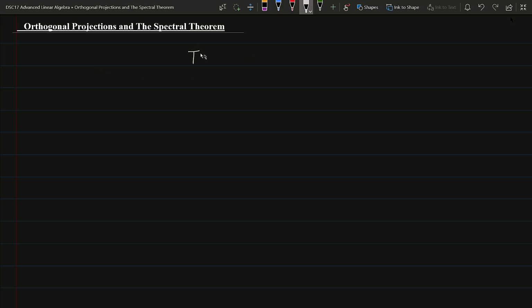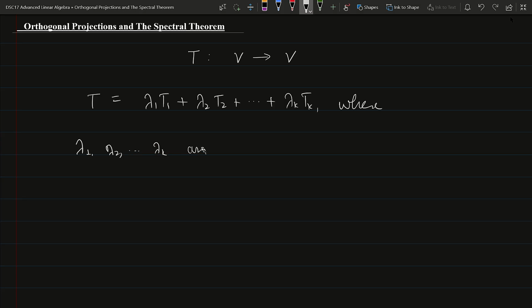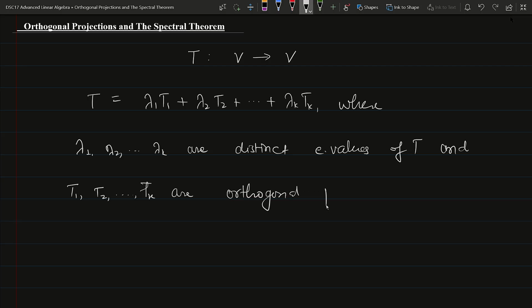Suppose we have a linear operator T that is defined from a linear product space V to the space V. Now we are going to talk about those linear operators which have this form, that is T is equal to lambda 1 T1 plus lambda 2 T2 plus and so on, we have lambda k Tk, where all these lambda 1, lambda 2 and so on lambda k are distinct eigen values of T, and T1, T2 and so on Tk are orthogonal projections.